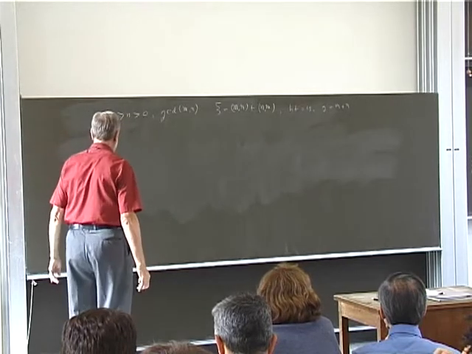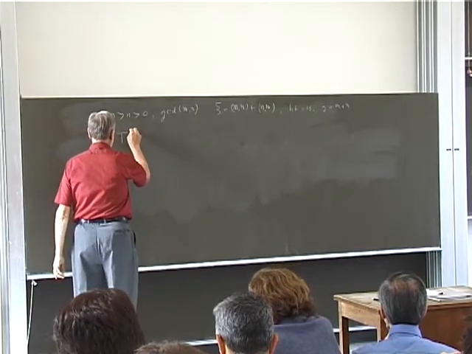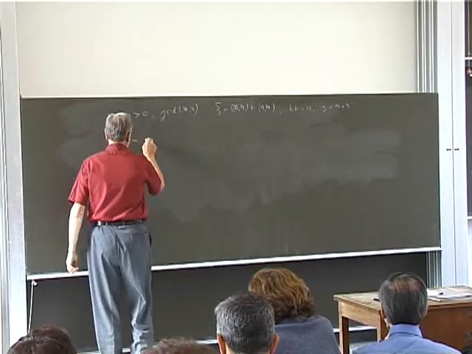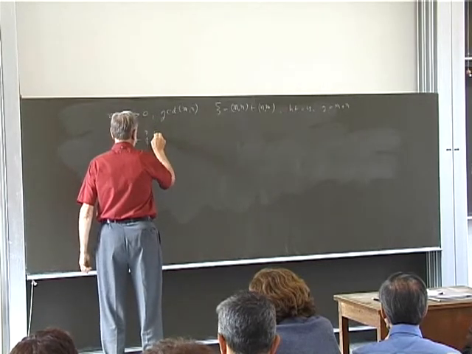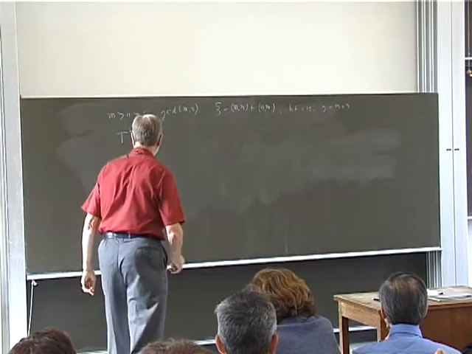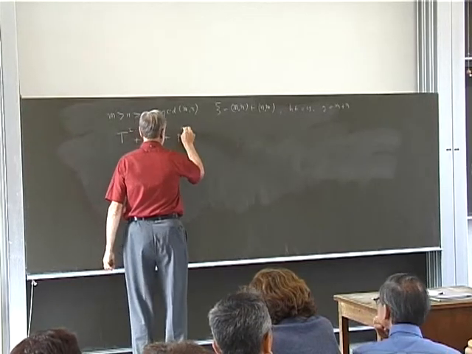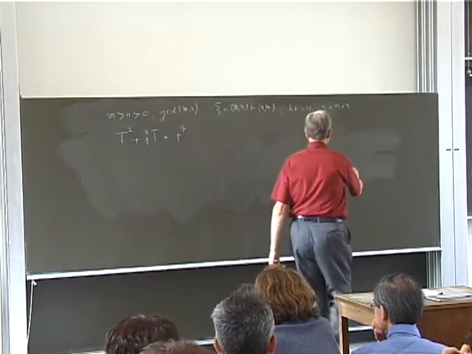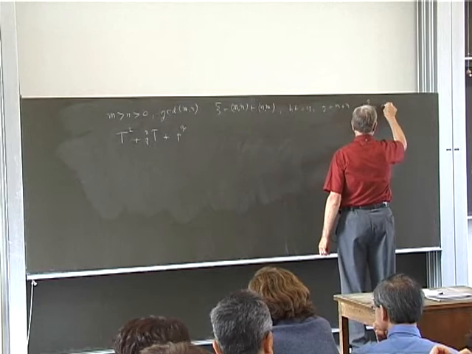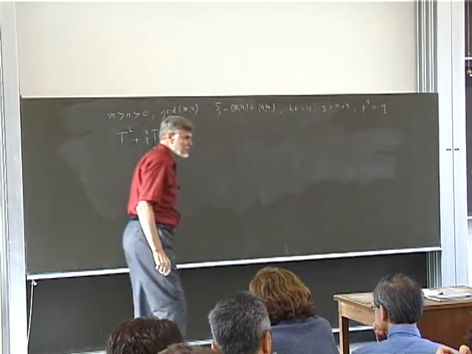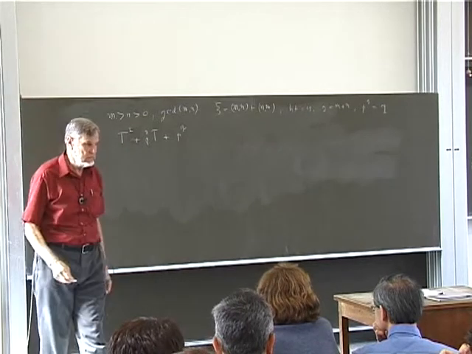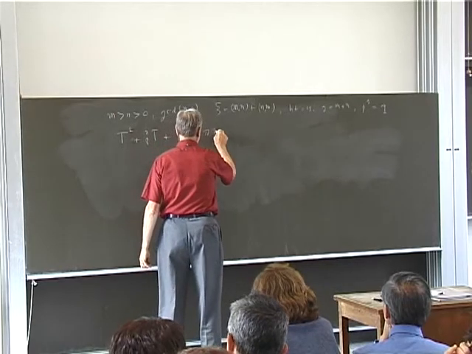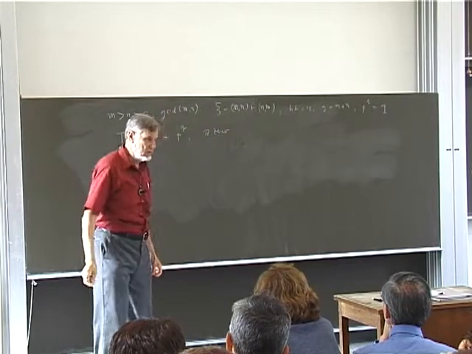Okay, so you want to do this, and what you do, you write down a polynomial. You take t squared, plus p to the n t, where n is the smallest, mind, plus p to the power g, where g is the sum of the smallest and the biggest, and p to the g we baptize q, right? And now it's obvious that the zeros of this polynomial are complex.